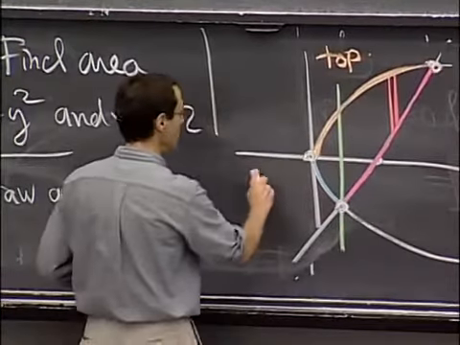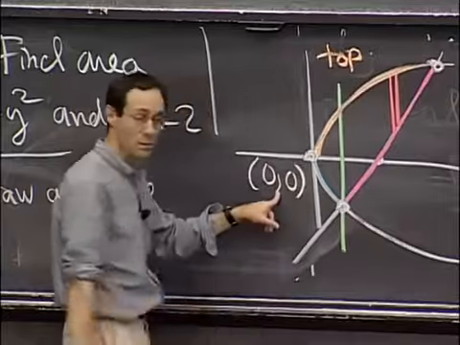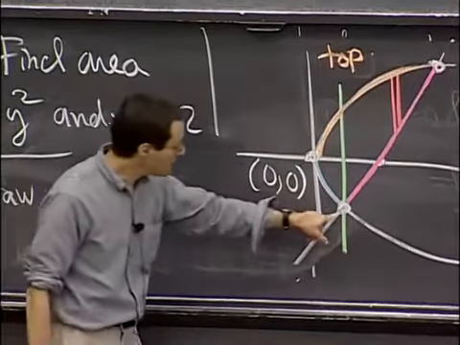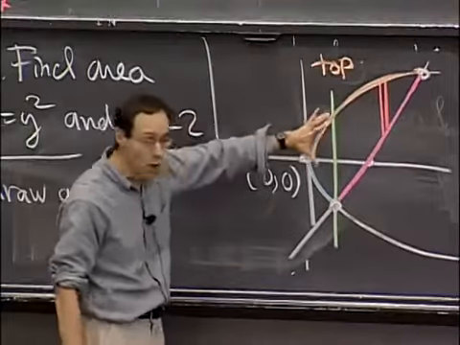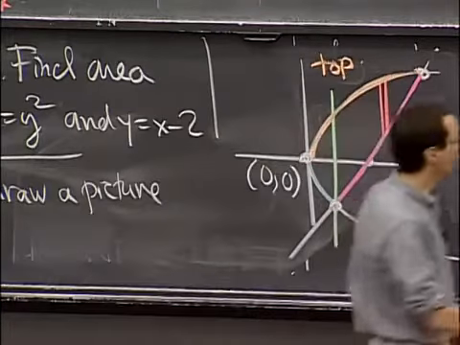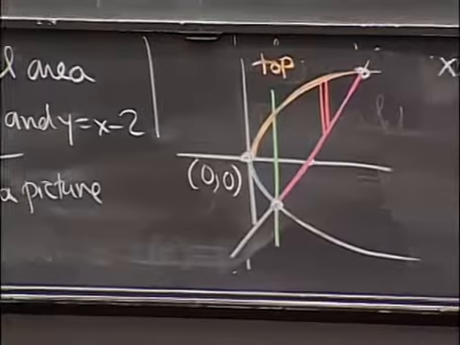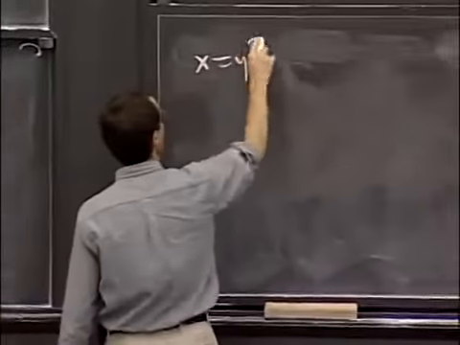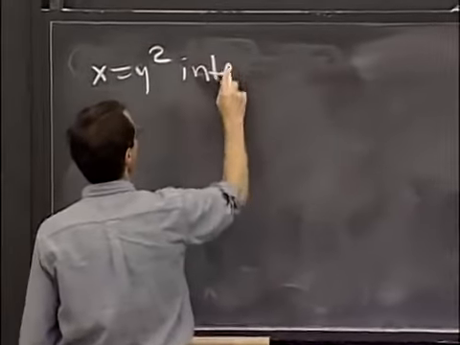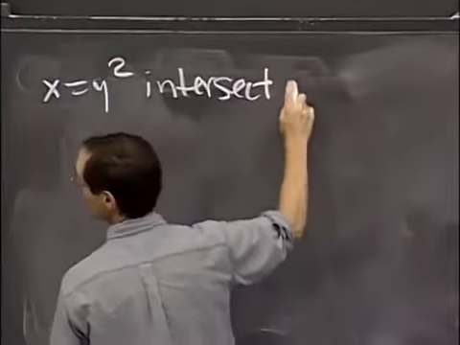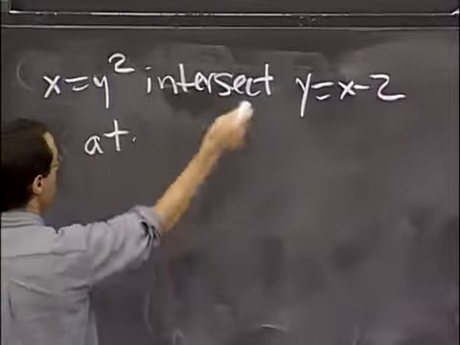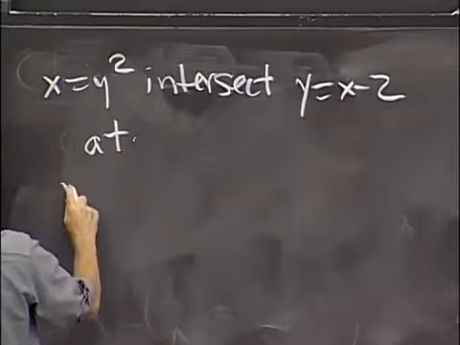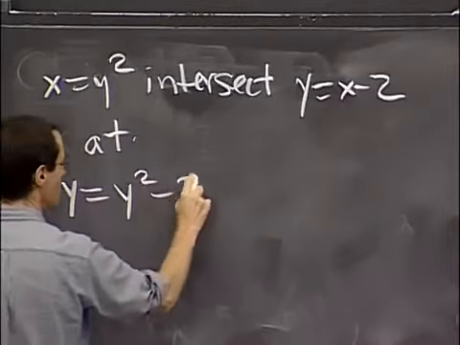This one is kind of easy. It's the point 0, 0. This point down here and this point up here are intersections of the 2 curves. I can identify them by the following equation. I need to see where these curves intersect. Well, if I plug in x is y squared, I get y equals y squared minus 2.